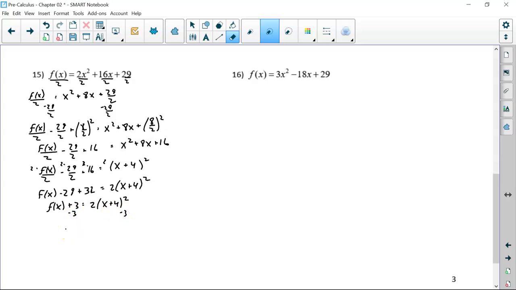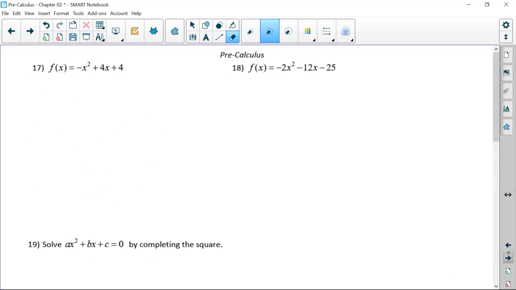Subtract 3. f of x equals 2 times the quantity of x plus 4 squared minus 3. There's our function in that vertex form. And our vertex is at negative 4, negative 3. This isn't the only way to do it. It's one of the ways to do it. I find this to be a little bit easier. Some of the other ways require a couple extra steps of thinking, whereas this one is just purely mathematical.